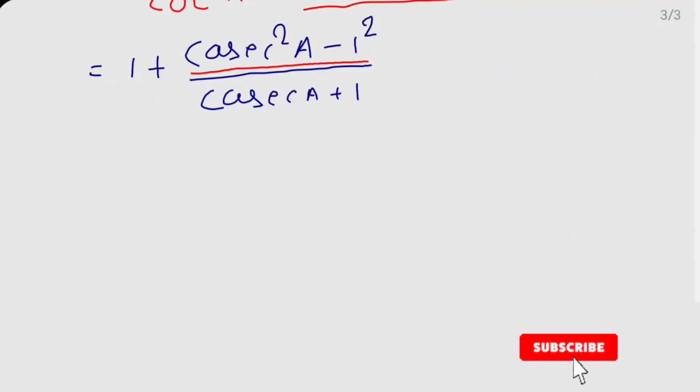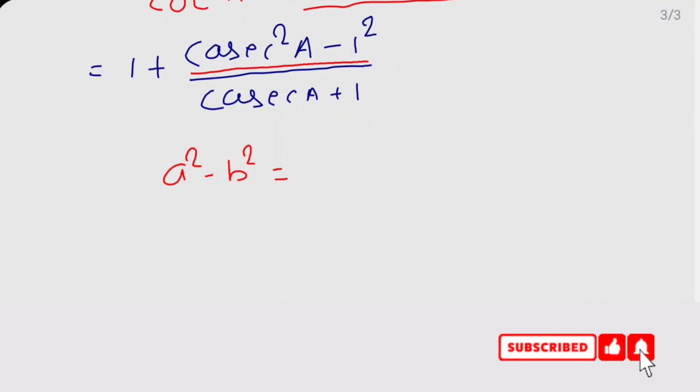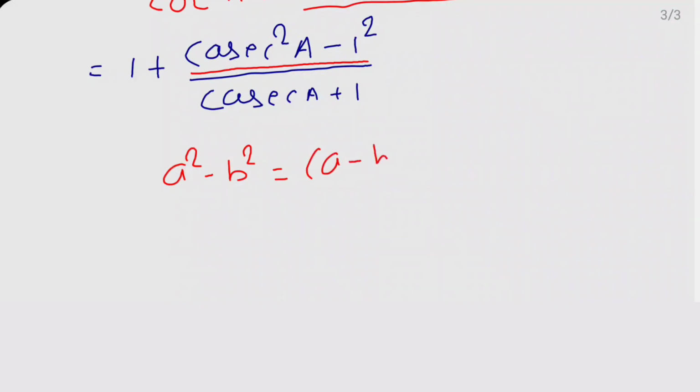So now here, observe here is cosec square A minus 1 square. So it is in the form of A square minus B square. So A square minus B square expanded form is (A minus B) and (A plus B).